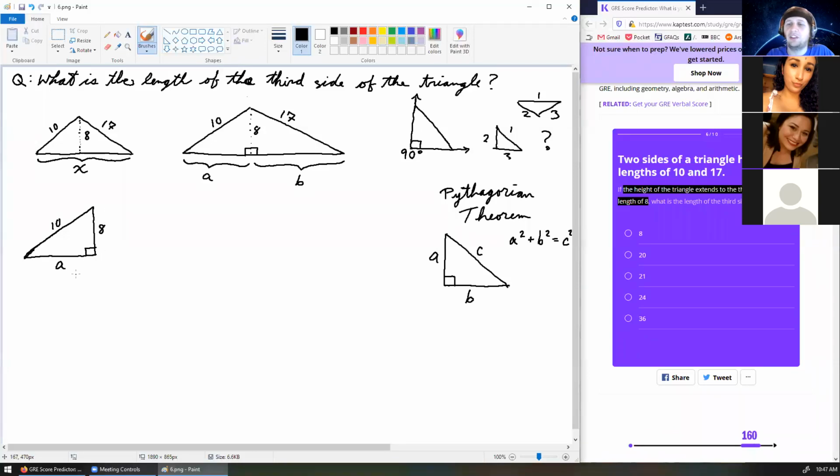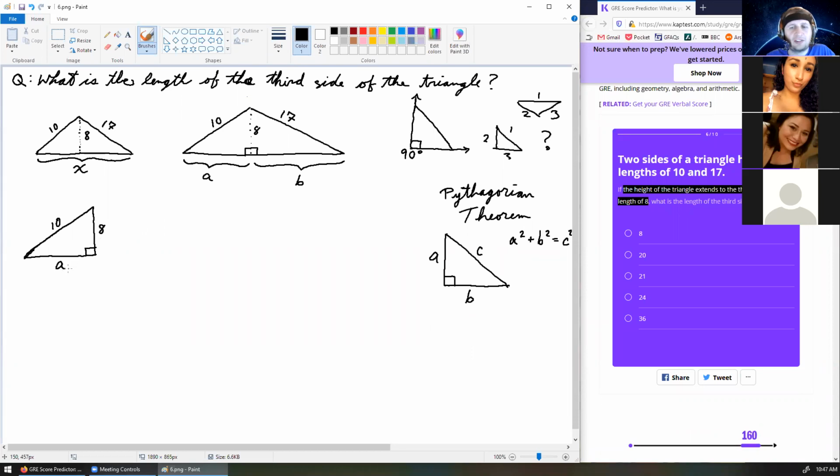Okay, so if we have this triangle, what's our Pythagorean theorem going to look like? You're right for the second triangle, Adelaide, but we're looking at this triangle here. Would it be 8 squared plus b squared equals 10 squared?